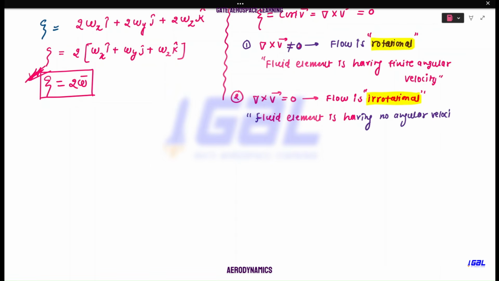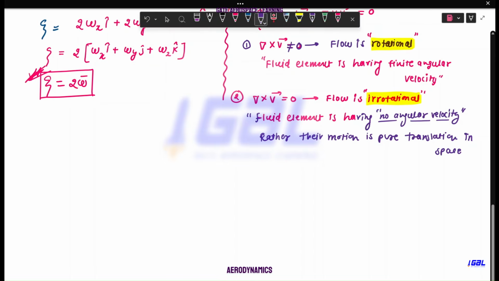No angular velocity, rather their motion is pure translation in space.